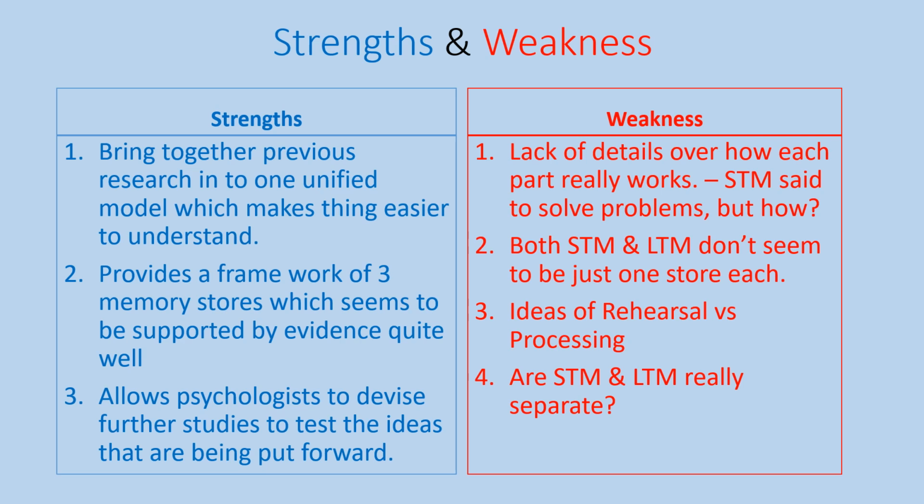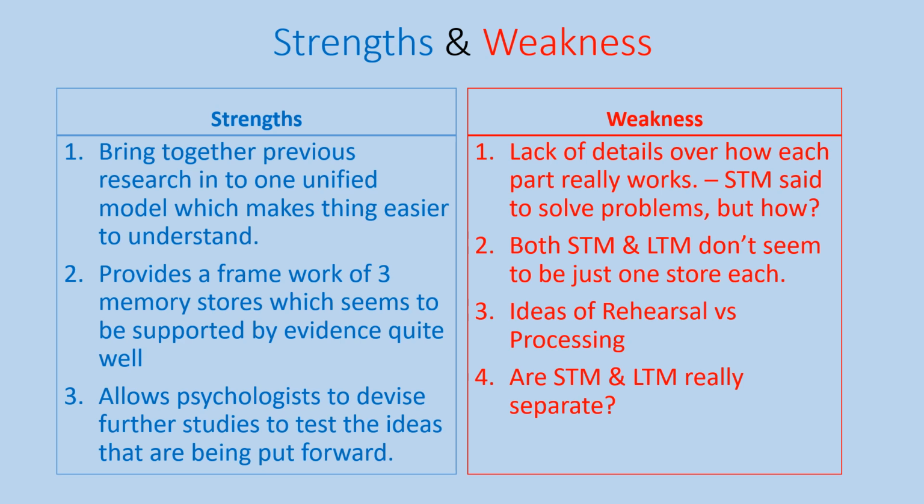Then third, we've got ideas of rehearsal versus processing. Some people come up with the idea that it's about the level of processing, about how deeply you process something, not about how you rehearse it. It's called the levels of processing theory, and it's a completely different way of looking at memory. And it challenges this model. So not everyone is thinking the same way, is what we're seeing here.